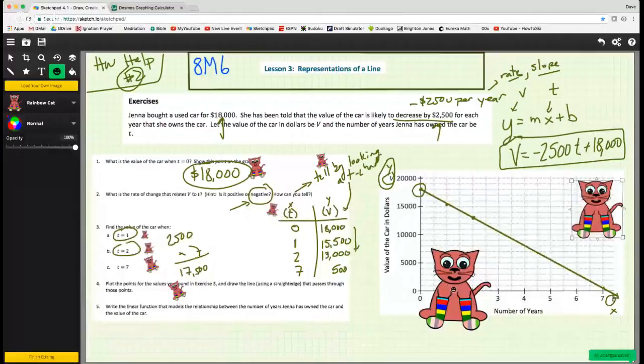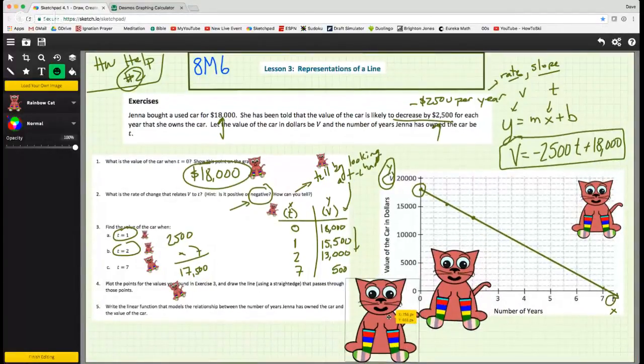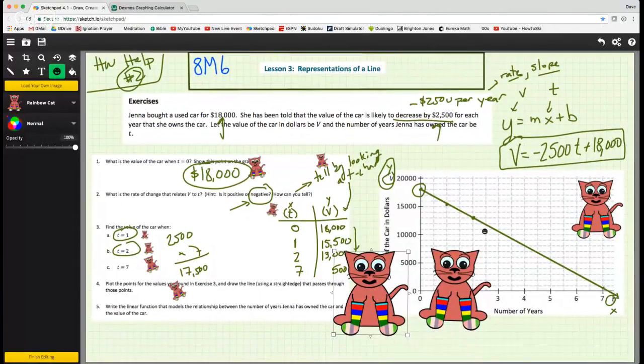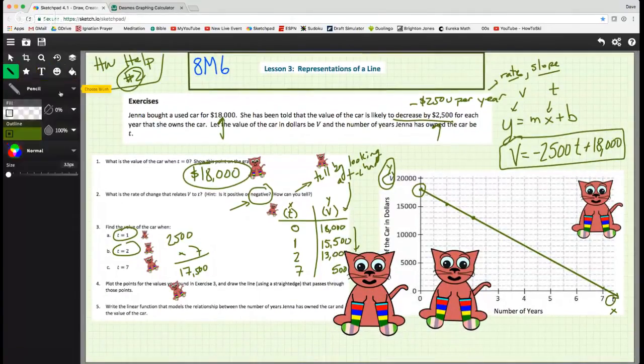This can help you model how much your car is going to be worth, this very expensive investment that you're buying, after a number of years. How much is the car going to be worth after 4 years? Well, after 4 years, this is our point.